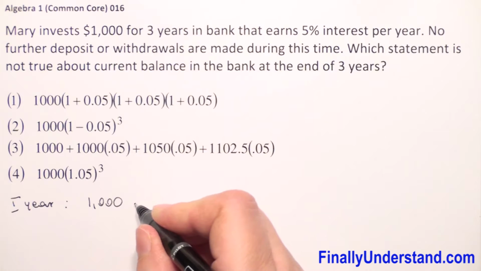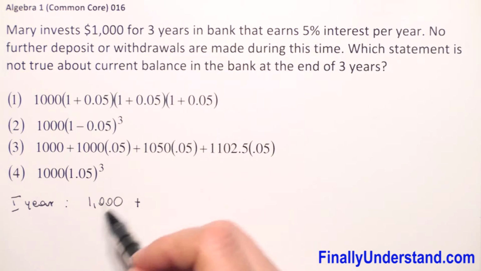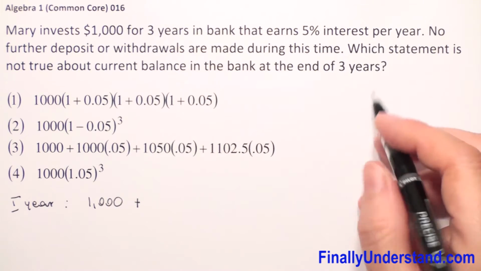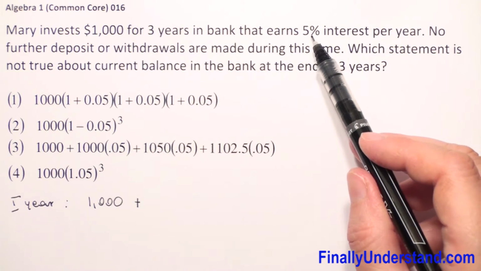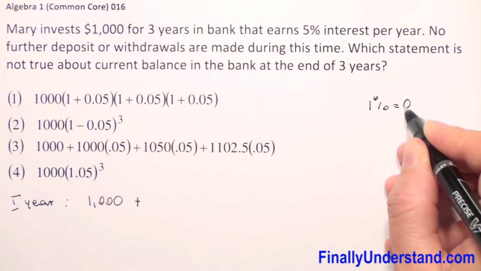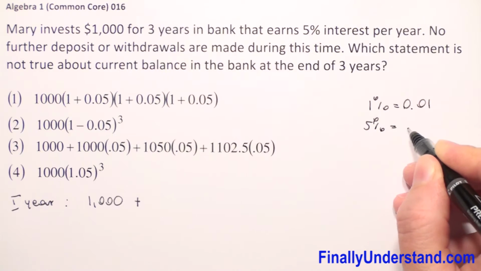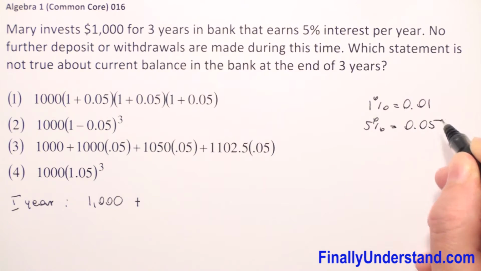So we have plus 5% of this $1,000. And let's change percent to a decimal number. We know that 1% is 0.01. So 5% will be 0.05.